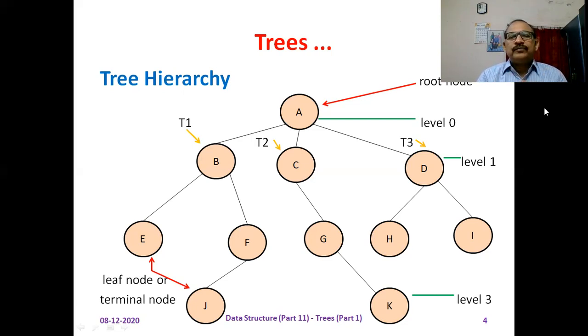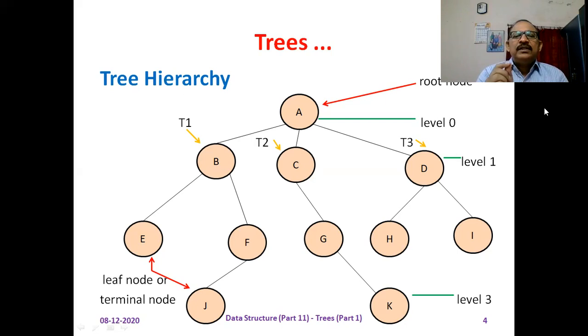Now next is the length of a path. Length of a path is the number of edges in the path. You can say the length of a path from A to J is equal to number of edges in this path.